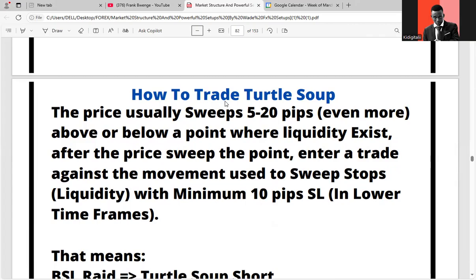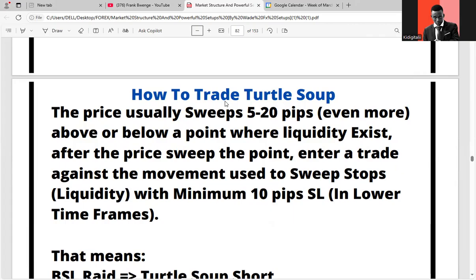We always say the price usually sweeps out about 5 to 20 pips, and sometimes more, above or below a point, depending on whether it is a short or long setup.